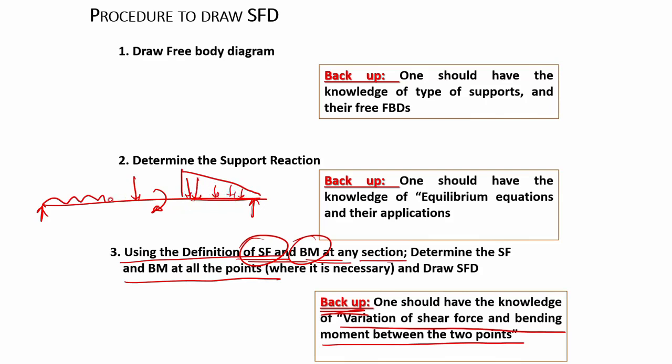Then you should know how the shear force varies between 2 points where UDL is acting, how it varies between 2 points where no load is acting, and how the shear force varies when UVL is acting. In the same way, you should know the variation at each span, and the bending moment variation also. Understood? That I'll explain in the next slide.